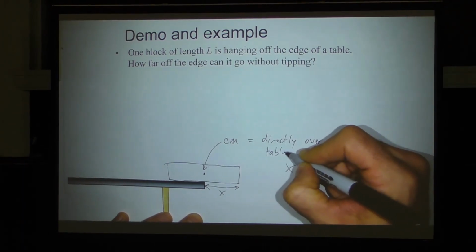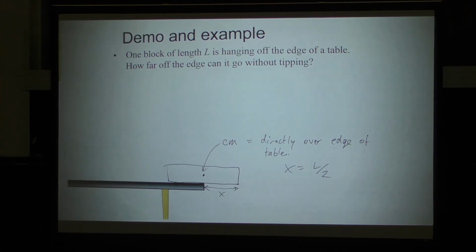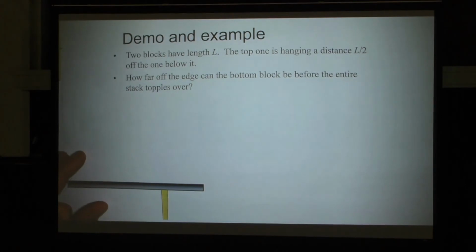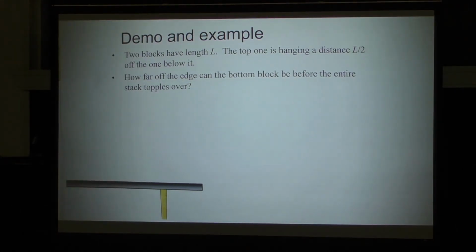And then the next question is, what if you stack another block on top of that block? Two blocks have length L. The top one is hanging a distance L over 2 off the one below it, so you know it won't fall. How far off the edge can the bottom block be before the entire stack topples over? This is a bit strange.